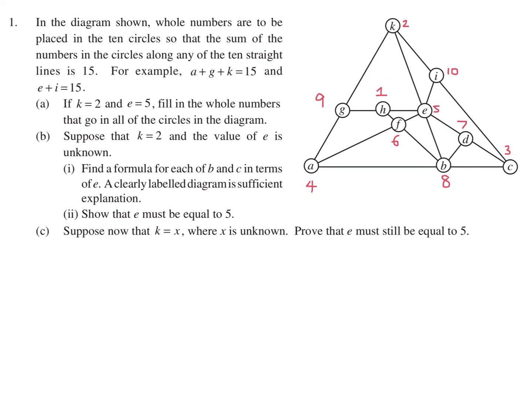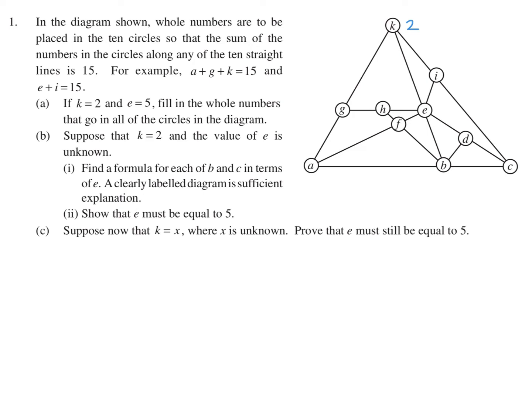Part B. Suppose that K is 2 and the value of E is unknown. Find a formula for each of B and C in terms of E. A clearly labeled diagram is sufficient explanation. They've told us that K is 2 and E is unknown, so we want formulas for B and C in terms of E. That shouldn't be too hard.